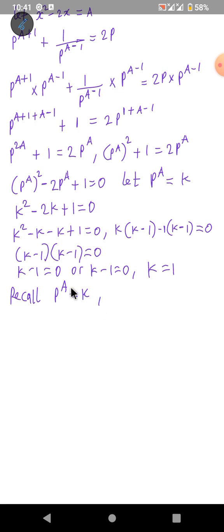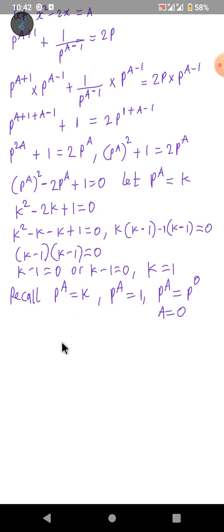So write this p raised to the power of a equal to k. And we know that k is 1, so here will be 1. Then we'll continue again. P raised to the power of a equal to 1, this one is the same thing as p raised to the power of 0. So since the base is equal, we are going to equate the power. So therefore a is equal to 0.